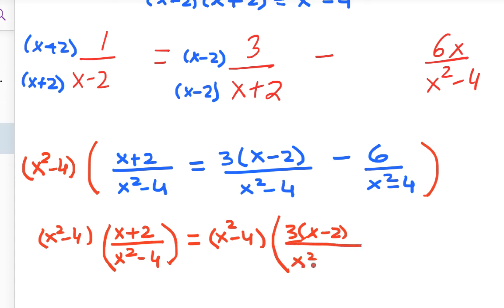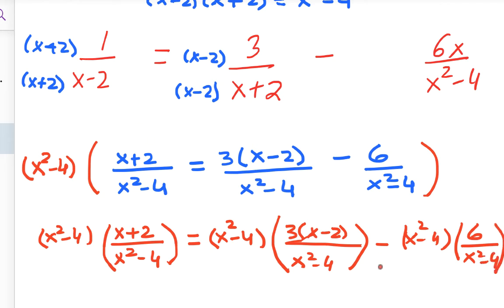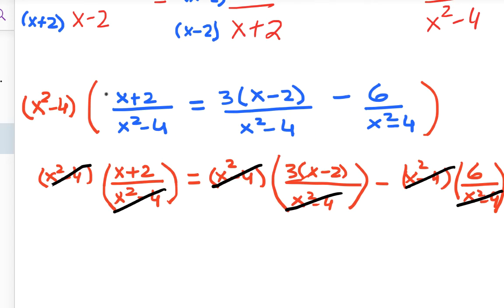x² − 4, then minus x² − 4 times the expression 6/(x² − 4). Now clearly we can cancel the x² − 4 in each expression in the equation, and we are left with x + 2 = 3(x − 2) − 6.